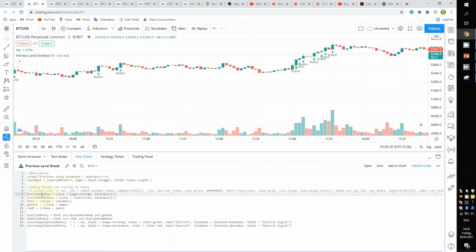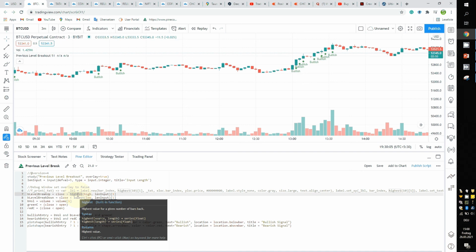So we have two kinds of signals here. One is an up signal, which I called bullish, and one is a down signal, which I called bearish. So first of all, in this case, if I want to calculate the highest closing price of the last three candles, then I can use the inbuilt function highest, and then highest expects what it has to compare.